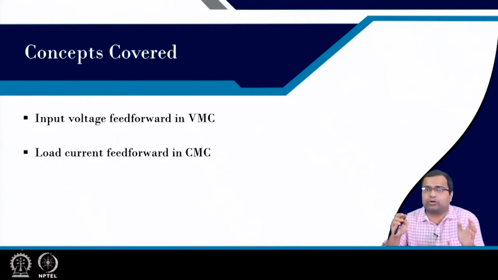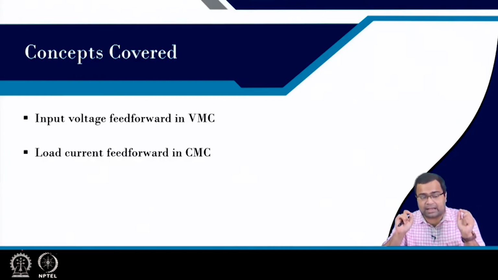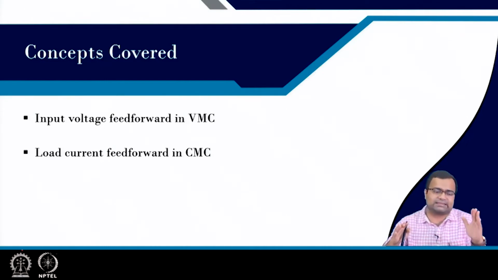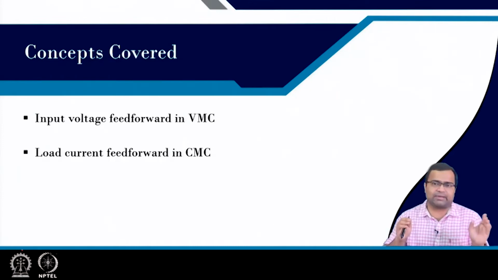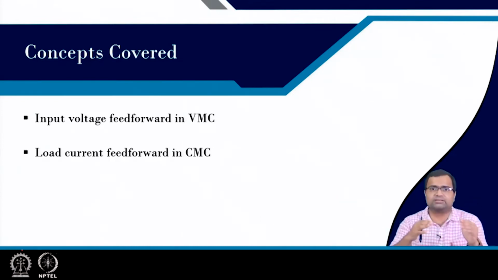Similarly, in current mode control, in general voltage mode control suffers from poor line regulation and current mode control suffers from poor load regulation, but by means of load current feed forward we can make this loop gain more or less insensitive to load current, and we can achieve excellent transient performance as well as disturbance rejection.